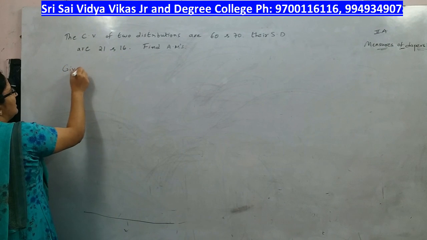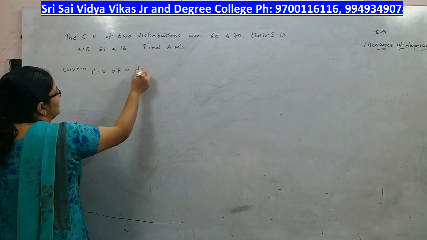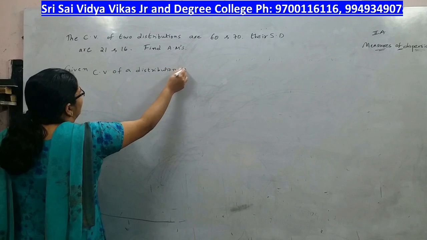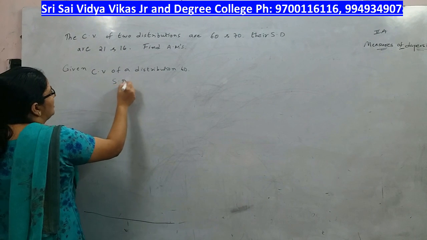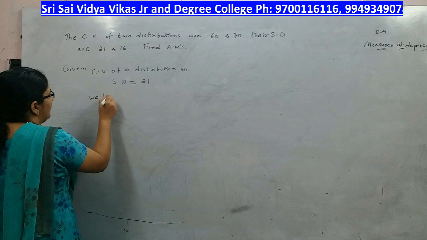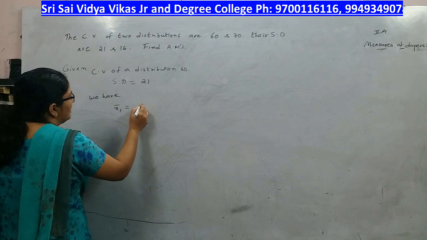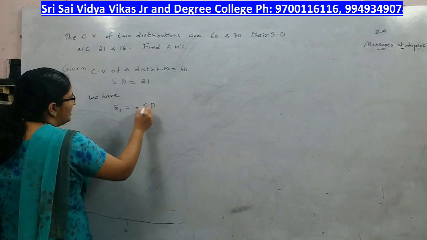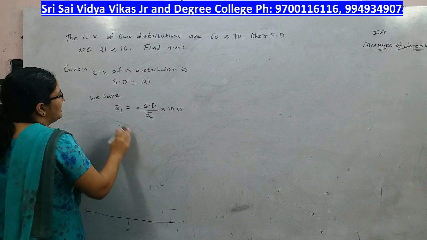Given CV of a distribution is 60, SD is equal to 21. We have CV1 is equal to SD1 by x1 bar into 100.